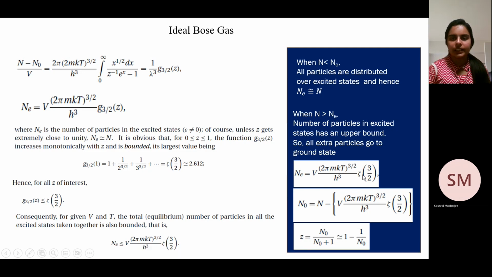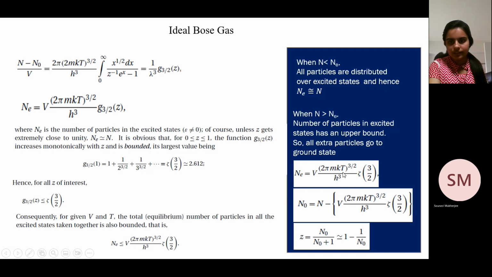So when N is much less than the bound on Ne, or when the total number of particles is much less than the bound over the excited states, you can write that Ne is approximately equal to N. But when N becomes larger than the bound, you have a finite number of particles in the ground state, and you can no longer write Ne being approximately equal to N. This is what is being told here, that unless Z gets extremely close to unity.